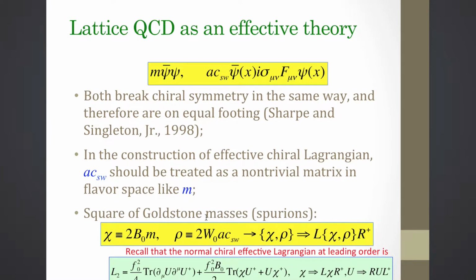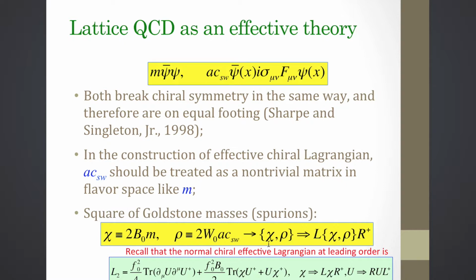So now we can define our spurions, that is the square of the ghost down masses, as chi and rho. Chi is the same as that in the continuum theory, while rho is due to the lattice effects.